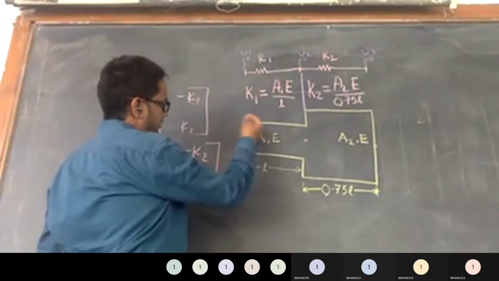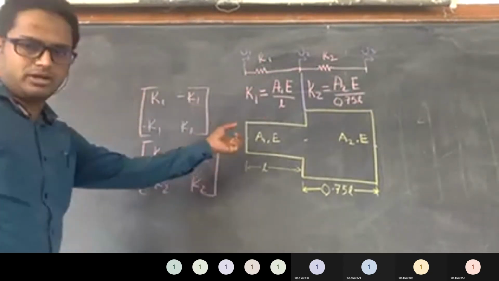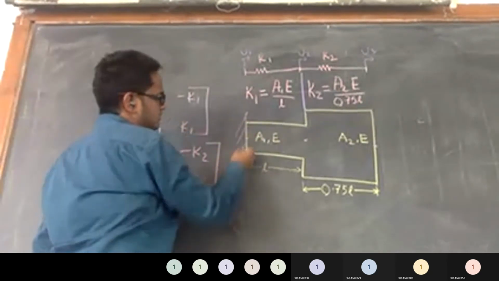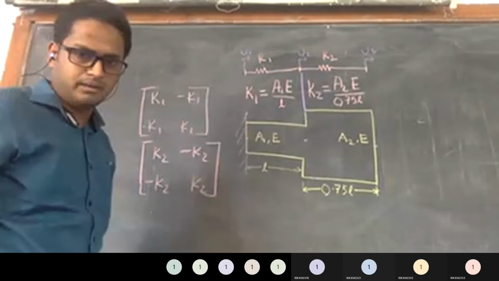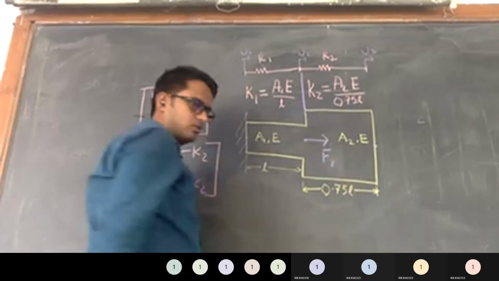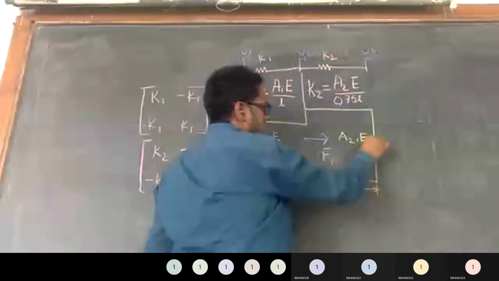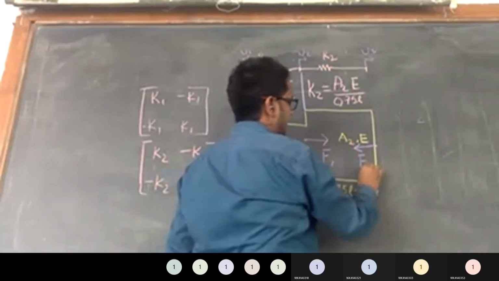Suppose they apply some load here. The boundary condition I have not given yet, so they can fix it at one end, or some displacement boundary condition can be given. At this point they can write that some force F1 is acting. At another point, suppose a force is acting in another direction.